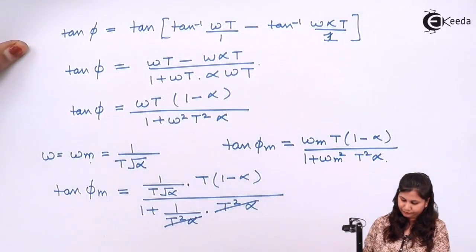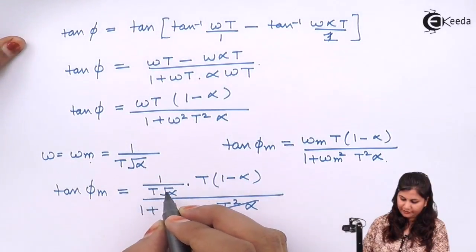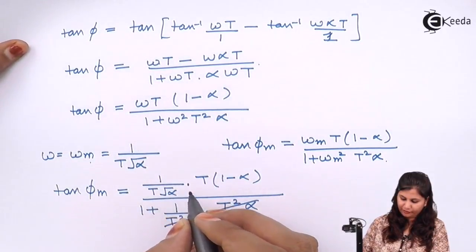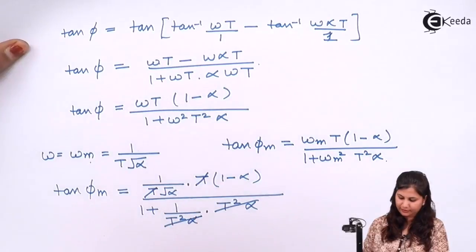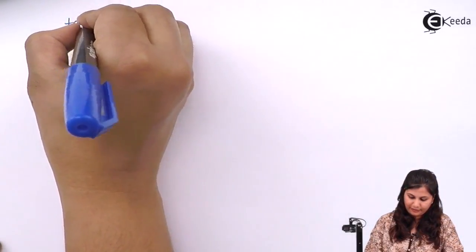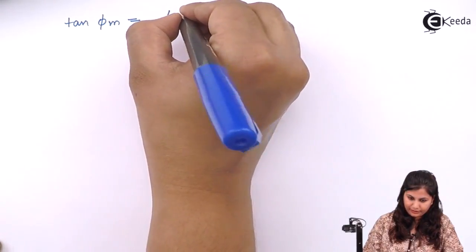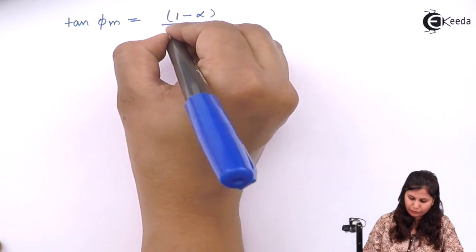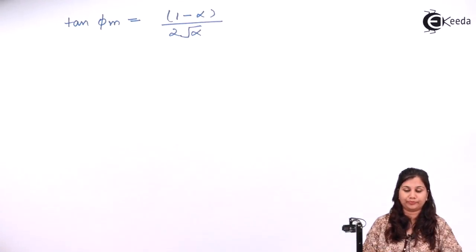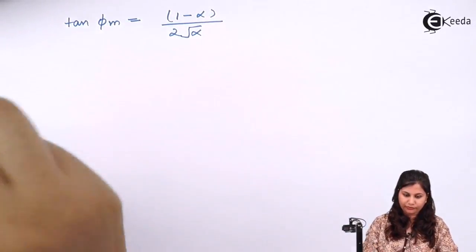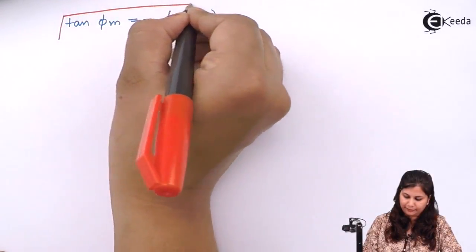Okay. And here we are left with 1 upon t root alpha. t and t, they will be cancelled out. So we are left with tan phi m equals 1 minus alpha upon 2 root alpha. So this is the value of tan phi m.